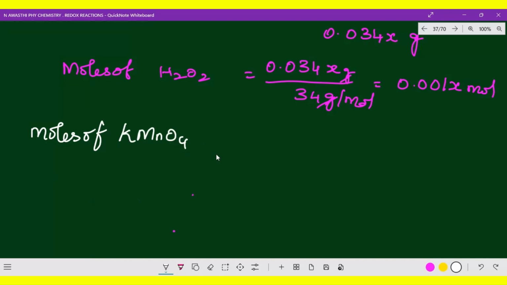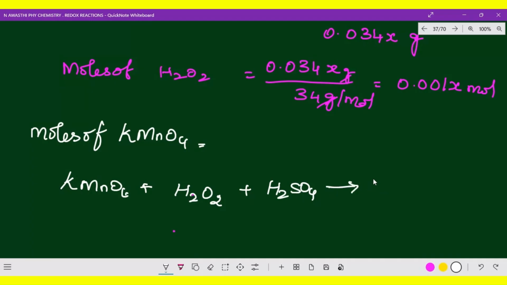KMnO4, potassium permanganate, plus hydrogen peroxide, in acidic medium, so H2SO4, gives K2SO4 plus MnSO4 plus O2 plus H2O.